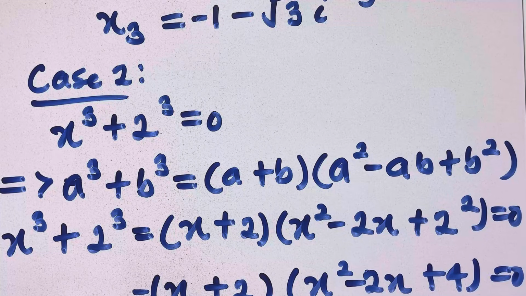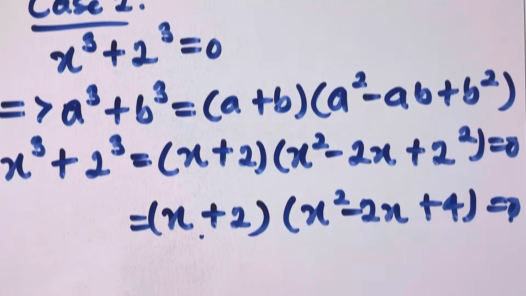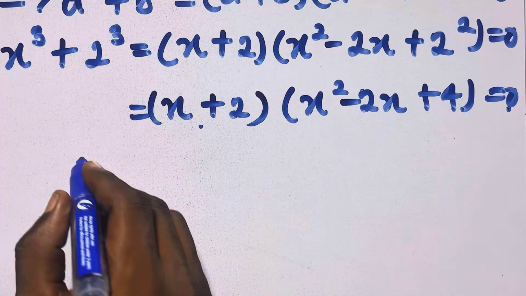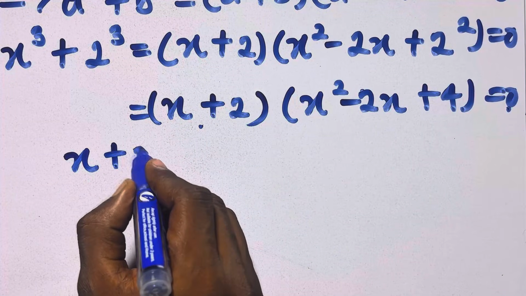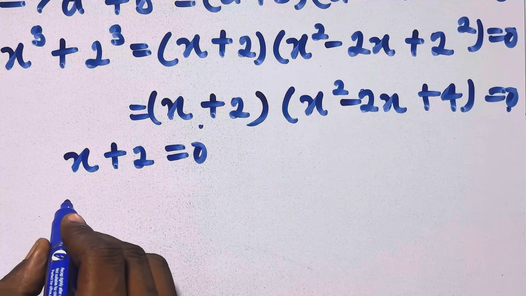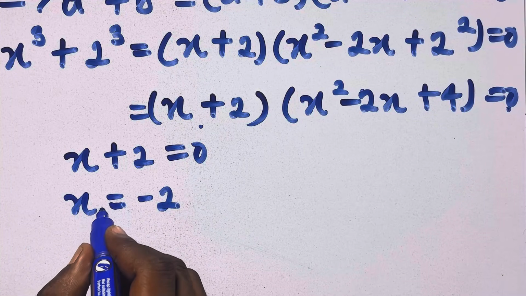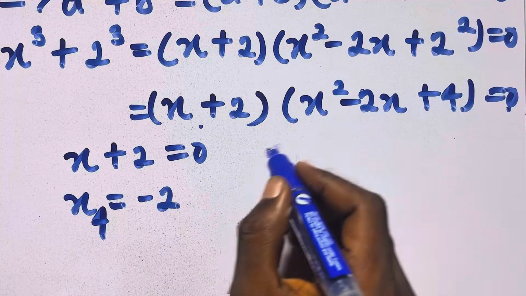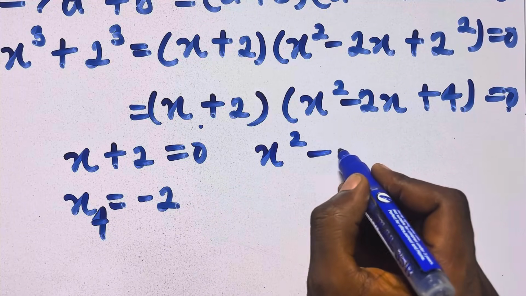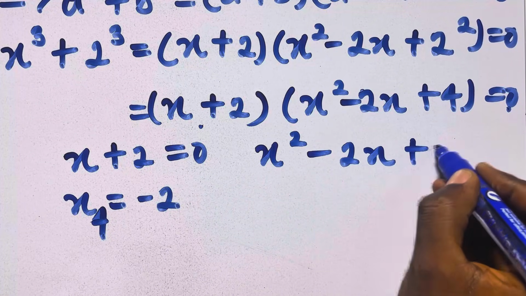Then x squared minus 2x plus 4, everything equals 0. For this particular equation, we have this equals 0, right? And this equals 0. So we have x plus 2 equals 0, which is x equals minus 2. So let's number this as x4.